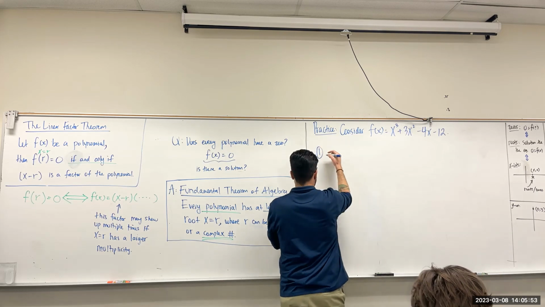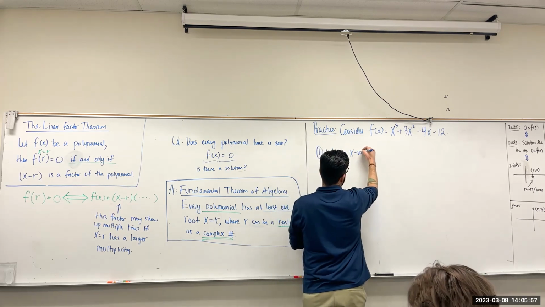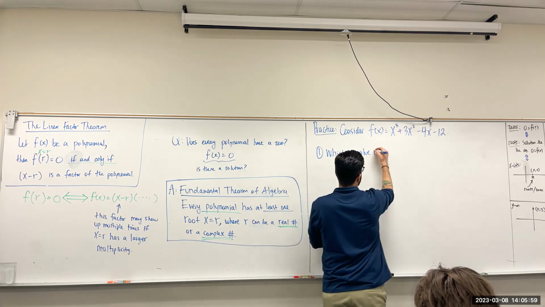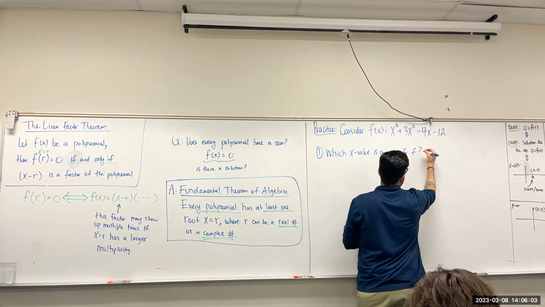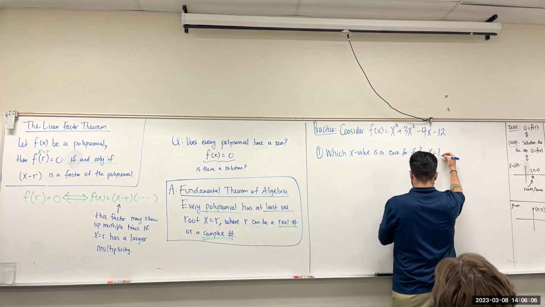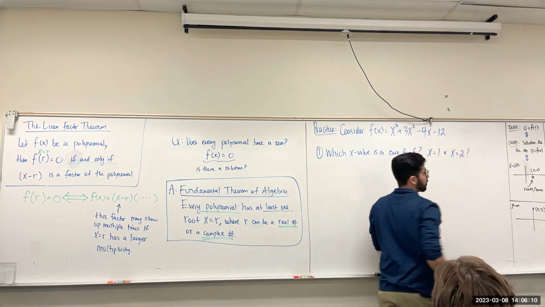Here's the first question. Which x value is a 0 for f? x equaling 1 or x equaling 2? And then how would you check that?